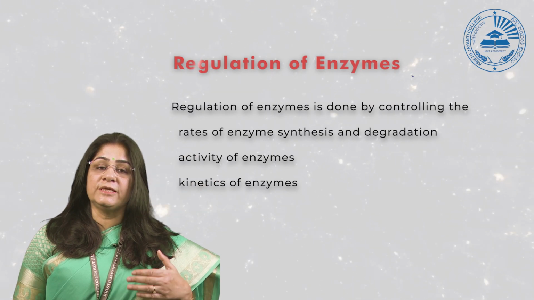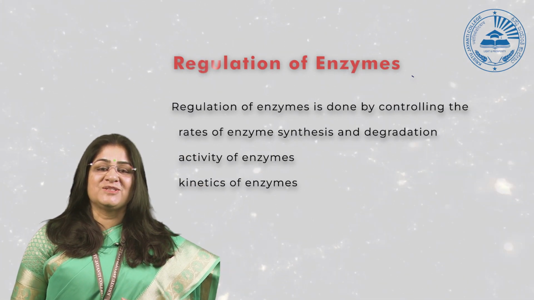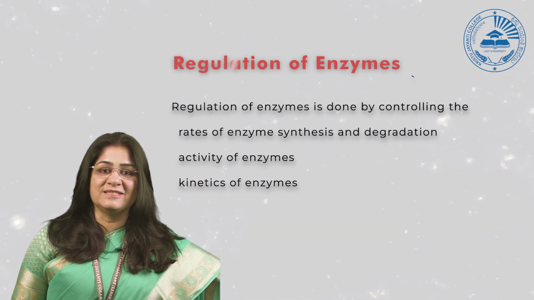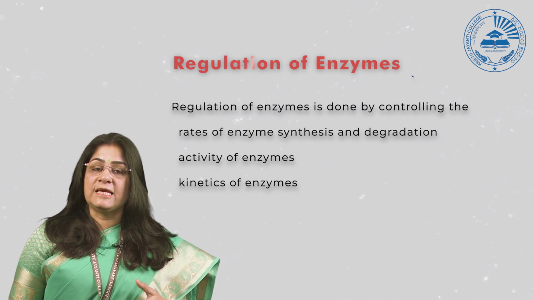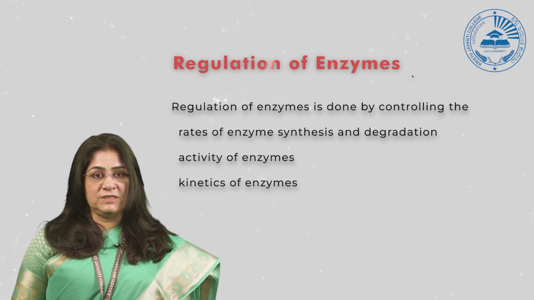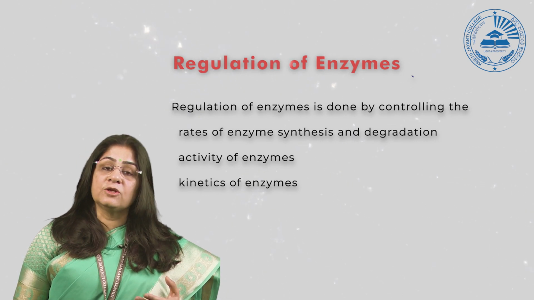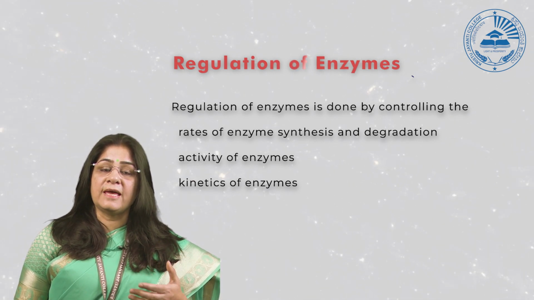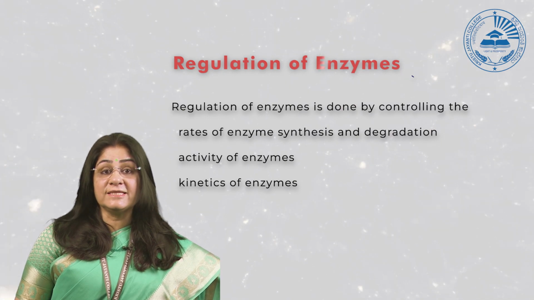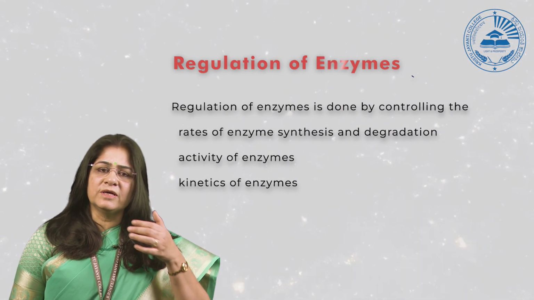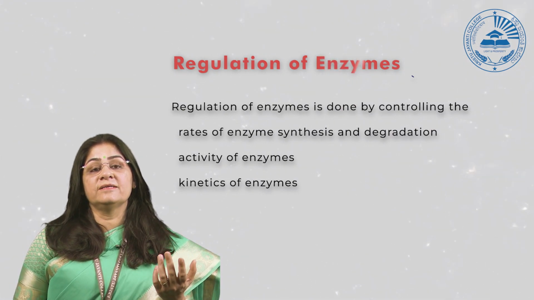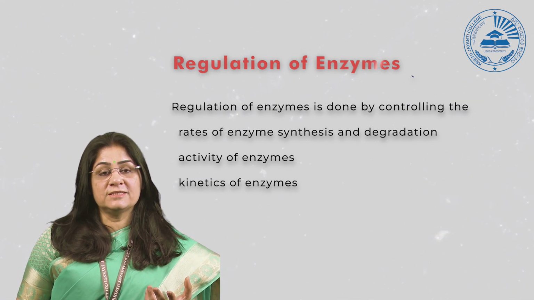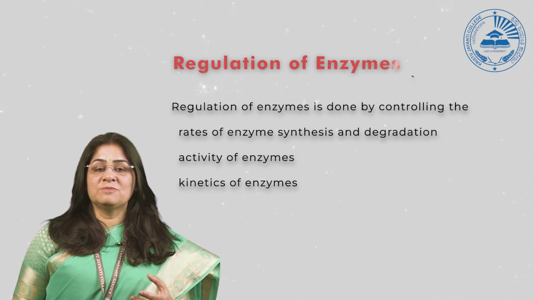Second, your system acts on the activity of the enzyme. The enzyme activity can be increased or decreased, as we just discussed. Or it can also be done by the regulation of the kinetics of the enzyme. In simple words, kinetics means it can either target the maximum velocity of the enzyme or the Km, the Michaelis-Menten constant.